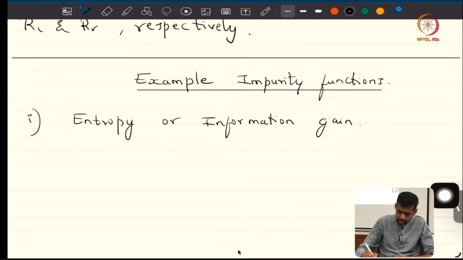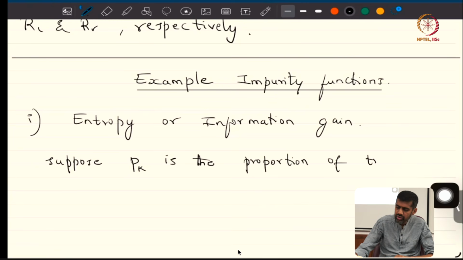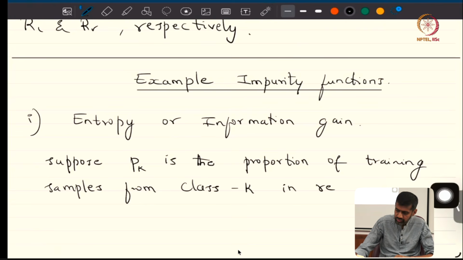Now, suppose pk is the proportion of training samples from class k in region Rm.